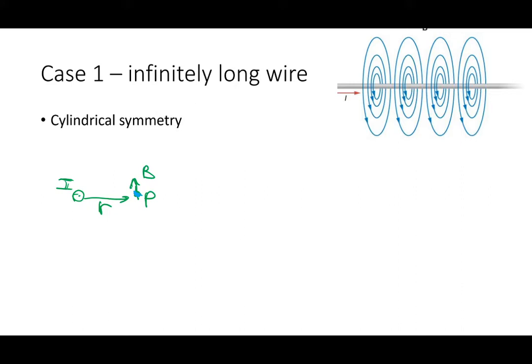But it's drawn in such a way that at every single point, we expect the magnitude of the magnetic field to be the same. And by the cylindrical symmetry, the way to do that is to draw a circle around such that at every single point, the magnetic field is expected to be tangent to the circle, and that they should have the same magnitude.